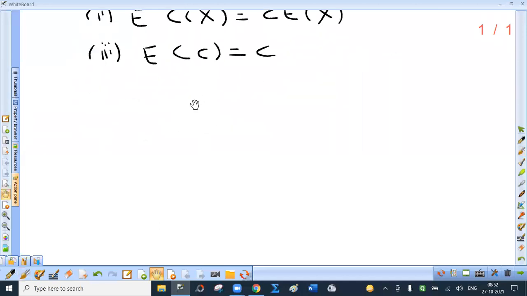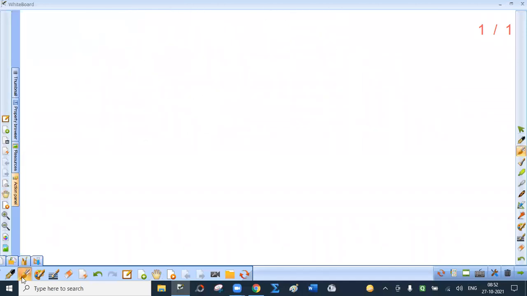Then comes the definition of variance. We have done this in statistics in 11th standard in the topic measures of dispersion.